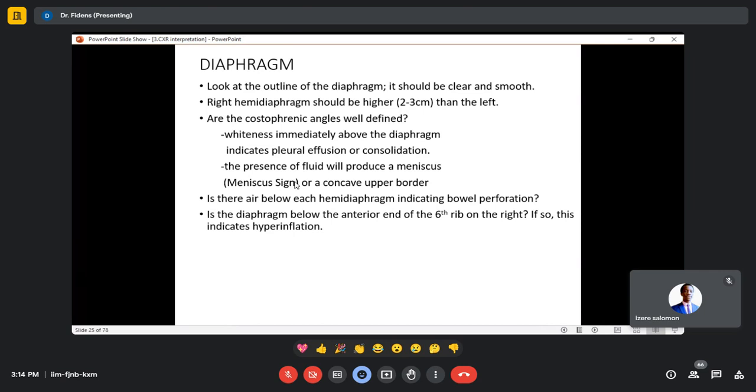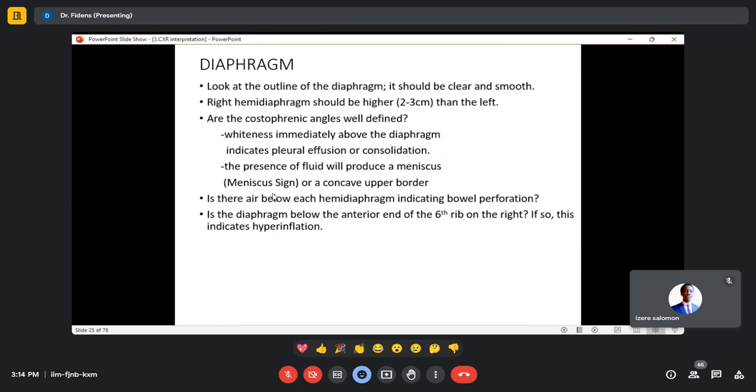That's the meniscal sign, and it's a sign of pleural effusion. We'll see some opacities that may look like pleural effusion or pleural based opacities, but they don't have a meniscal sign. That time we don't call it pleural effusion. So that is also a very important sign in radiology, in a chest radiograph.